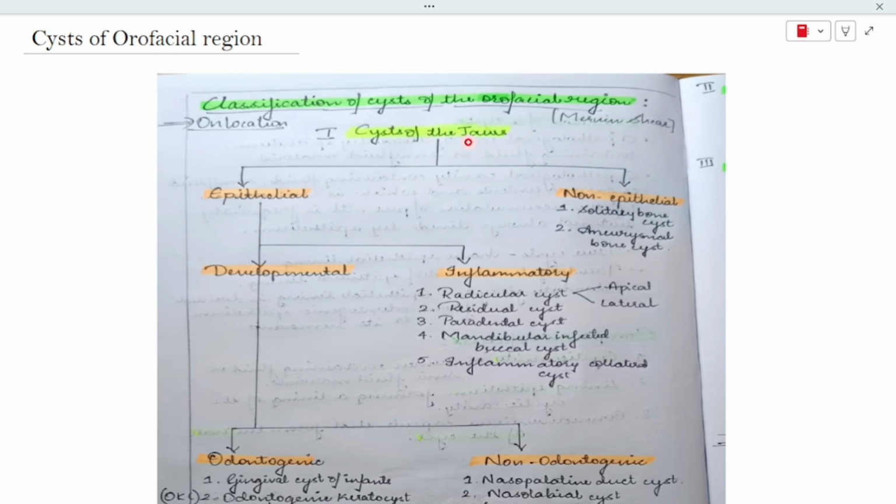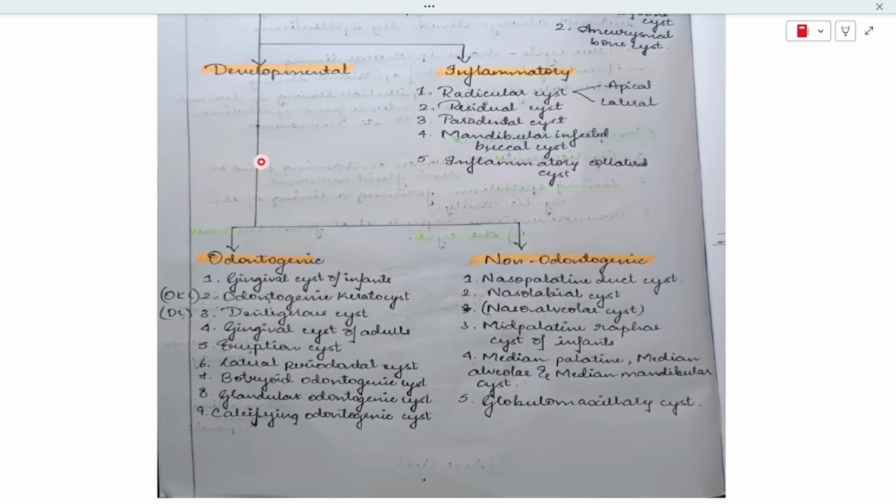First one is under jaw, which is classified as epithelial cyst and non-epithelial cyst. Under epithelial, again it is classified as developmental and inflammatory cysts. Under developmental, it is classified as odontogenic and non-odontogenic cysts.